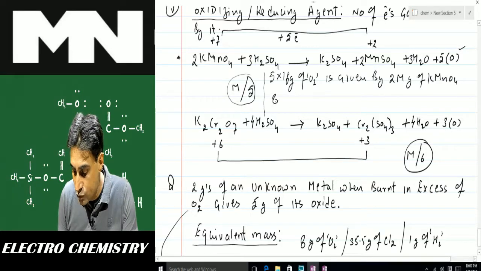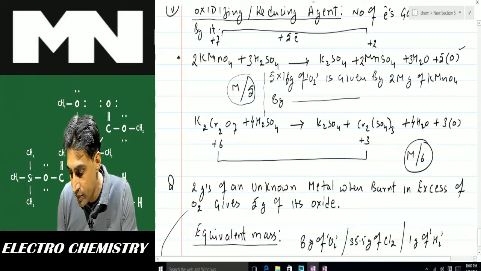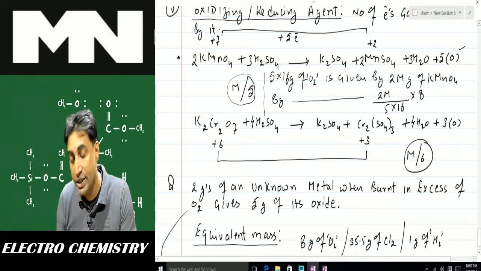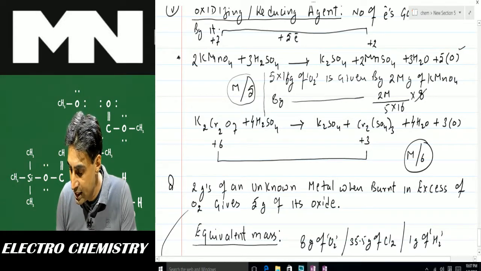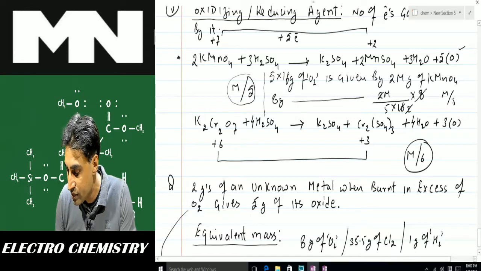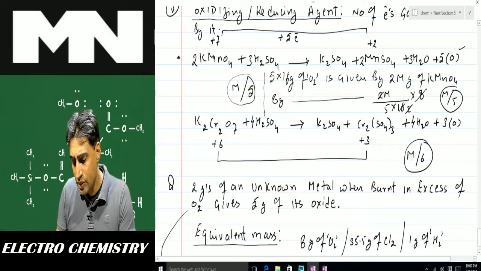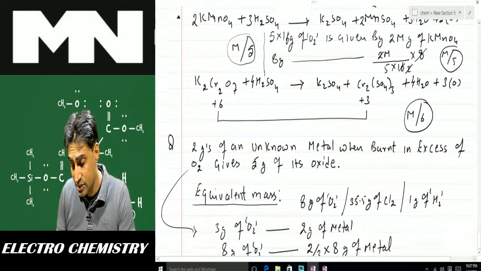So 8 grams of oxygen will be given by 2M upon 5 into 16, into 8. You'll see 8, 16 and 2 will get cancelled. Again, you will get M by 5 as the answer. So again, we are getting the same equivalent mass. This is how you can calculate the equivalent mass.